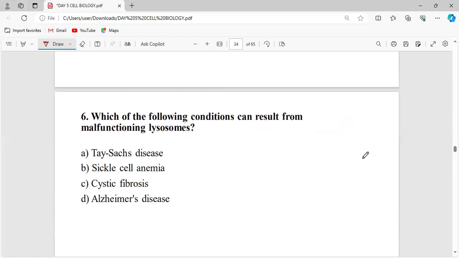Now, which of the following conditions can result from malfunctioning of the lysosomes? If some of the enzymes are missing from the lysosomes, it leads to certain conditions. What will be the name of the disease if the lysosome is not working well? Can anyone say what will be the symptom of Tay-Sachs disease?